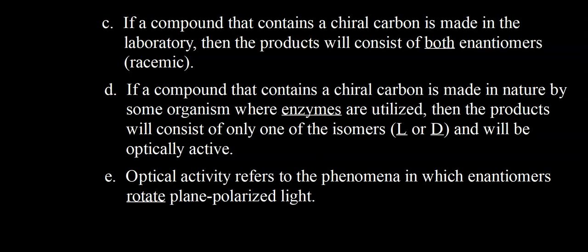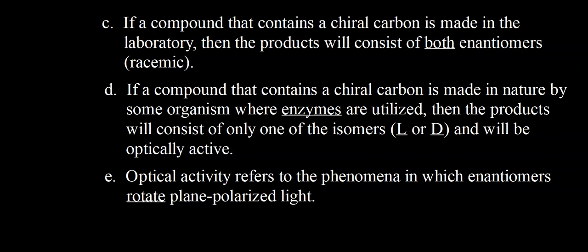However, if a compound that contains a chiral carbon is made in nature by some organism where enzymes are utilized, then the products will consist of only one of the isomers. The two forms of the isomer are known as L and D isomers, and that substance will be what we call optically active. Optical activity refers to the phenomenon in which enantiomers rotate plane polarized light. Light consists of waves.